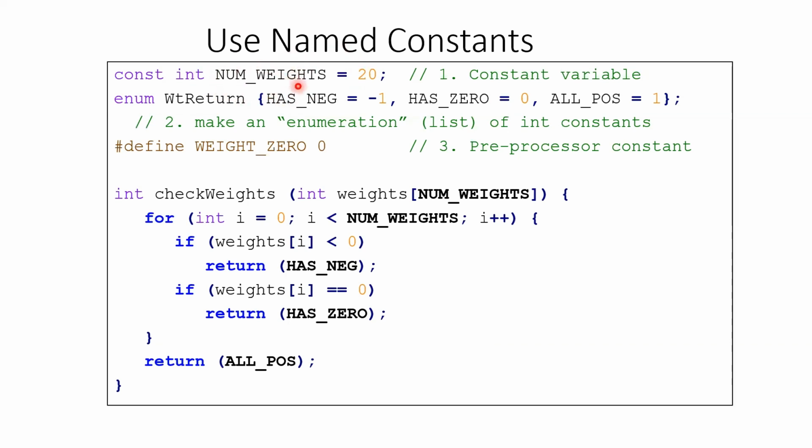For all of the constants, we use all uppercase letters. It can be a constant variable or a preprocessor constant using define. If you use define, this constant will be substituted at compile time.